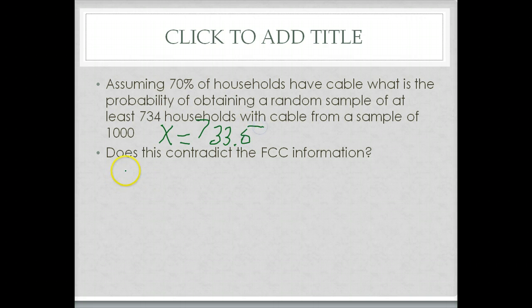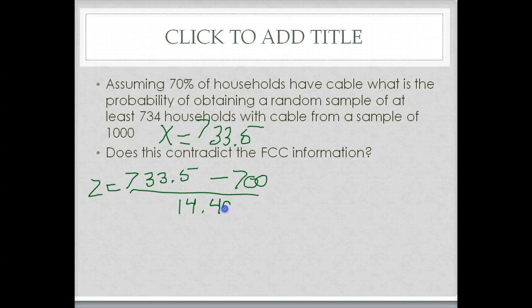733.5. So I want to find the z-score. 733.5, my x value, minus my mean that I found from before, divided by my standard deviation, which was 14.49.